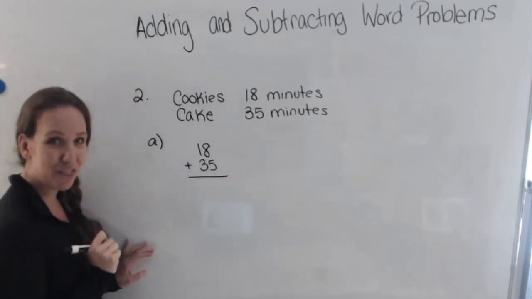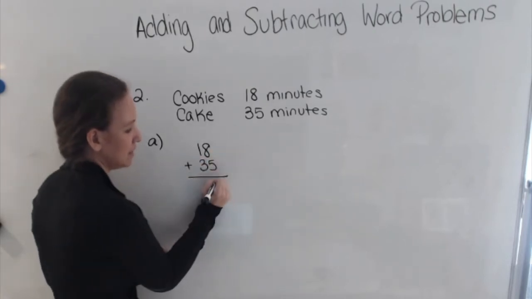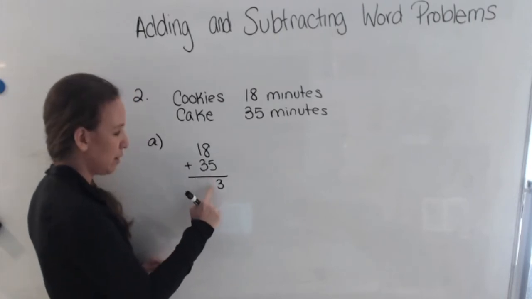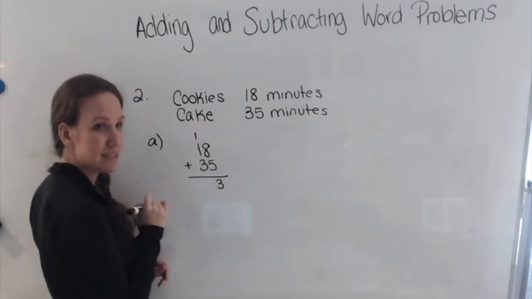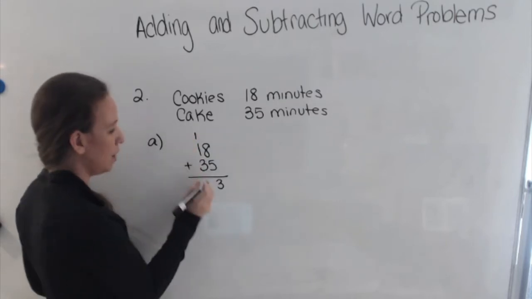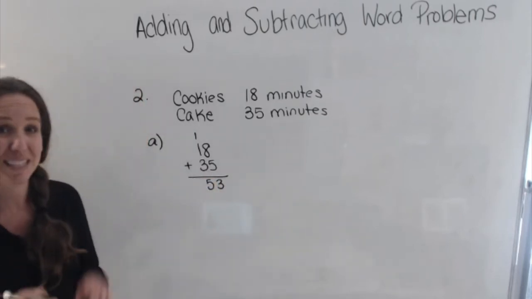So together, now we're going to add our ones. That's 8 plus 5 is 13. But remember, what do I do with my 10? I write it above my tens place. And then we have 3 plus 1 is 4, and 1 more makes 5. But 53 is not just my answer.